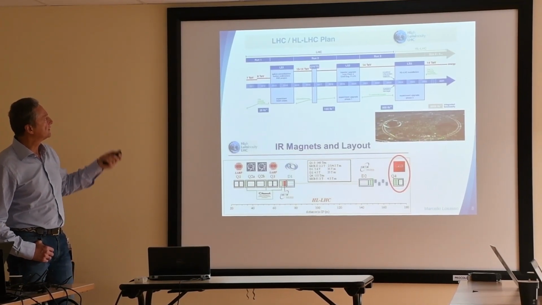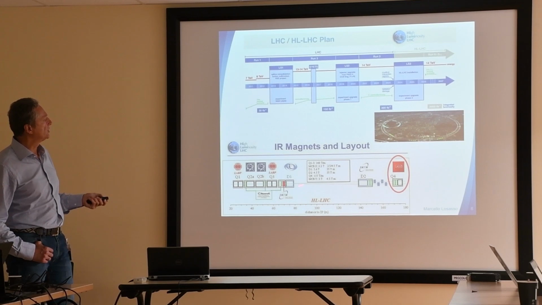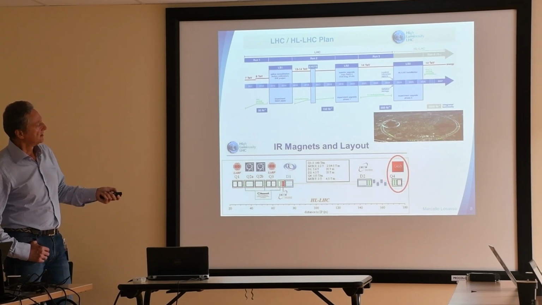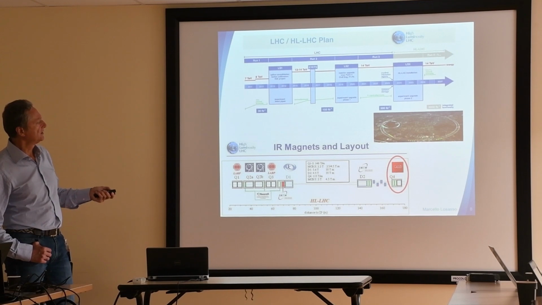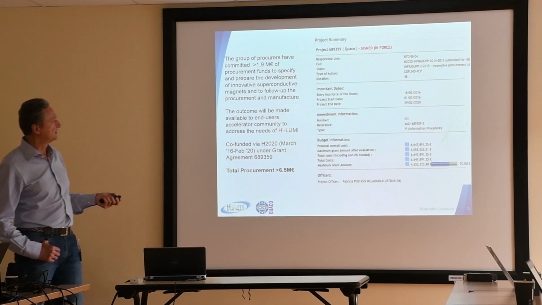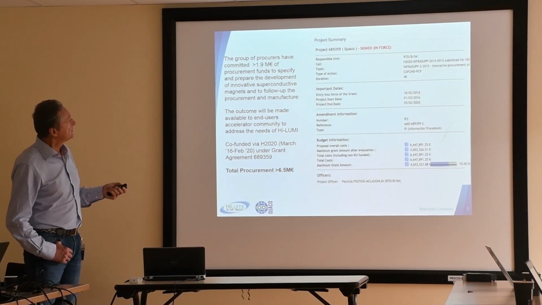Okay, this is the scheme of where we need these magnets. They will be here, and here, in the interaction region just before the crab cavity, in the interaction region of the LHC.